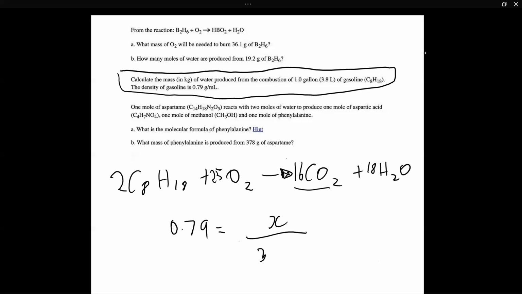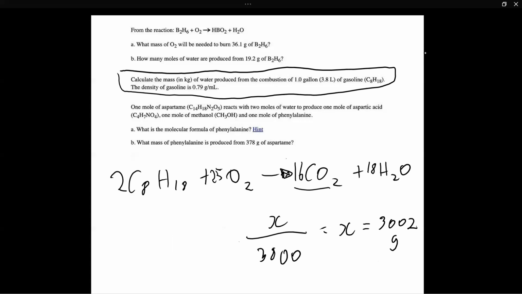And 3.8 liters is equal to 3,800 milliliters. So that means the mass of gasoline burnt is equal to 3,002 grams of gasoline.